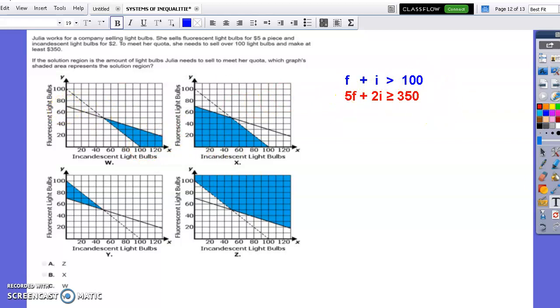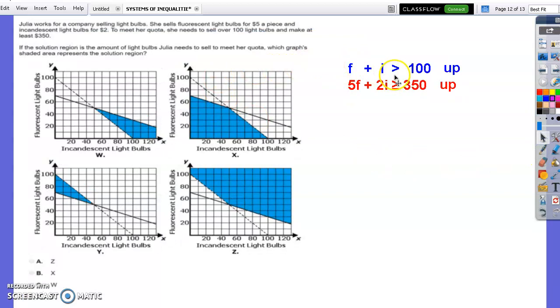For the blue, we're shading above our line. For our red line, the solid line, we're shading up also. So let's have a look.